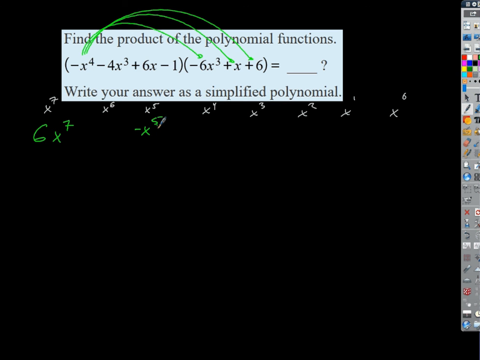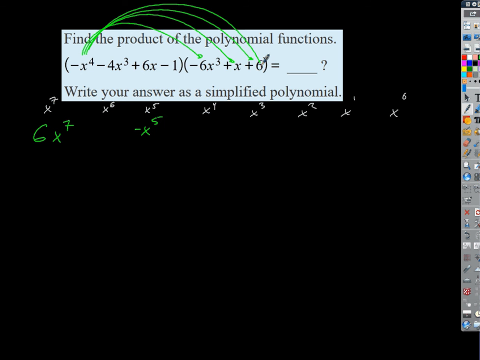But I don't want to write those next to each other because eventually I might end up with some other x to the 6th terms that I've got to add up. And if I put the x to the 5th one there, it's going to get really confusing, right? Because we want to have only like terms grouped vertically. I think as we go through this, it'll make more sense. What if we distribute the negative x to the 4th to the 6th? What do we get there?